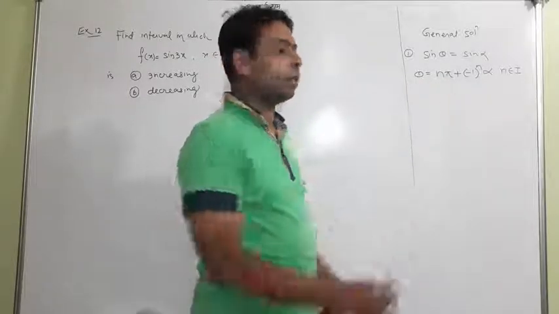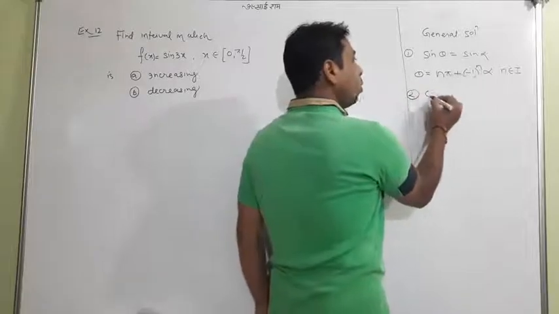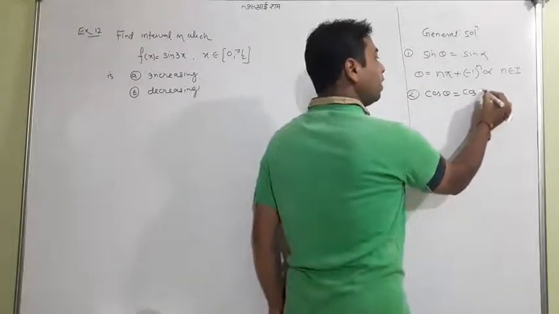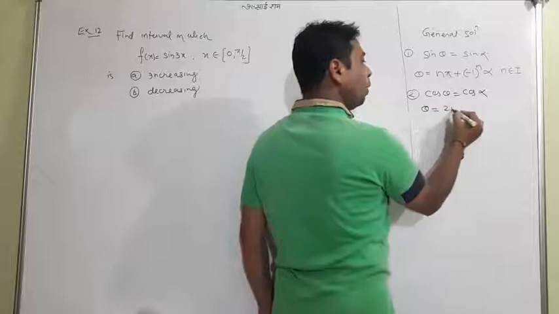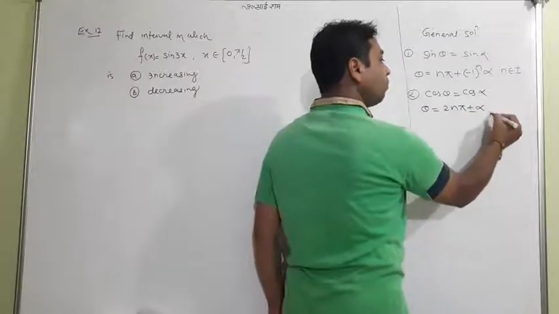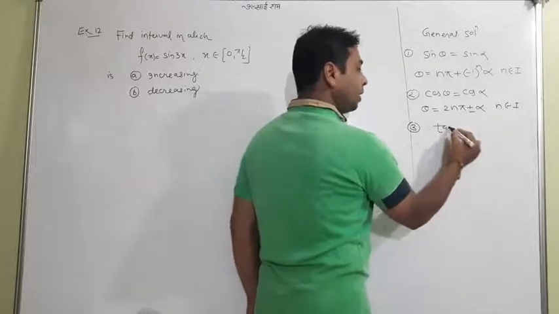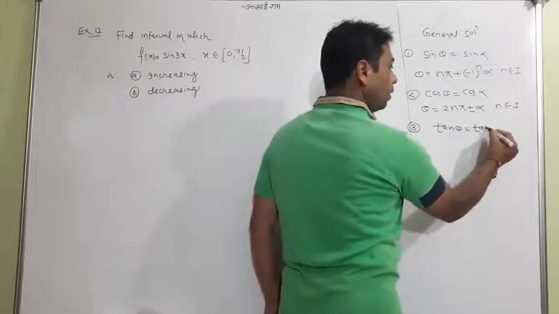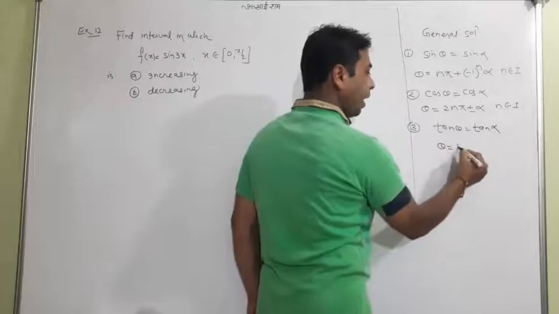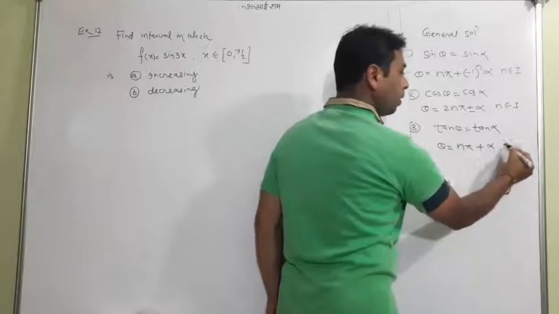So that is the answer. Second, cos theta is equal to cos alpha. That time theta will be 2n pi plus minus alpha, where n belongs to I. Third, tan theta is equal to tan alpha. Then theta is equal to n pi plus alpha, where n belongs to I.